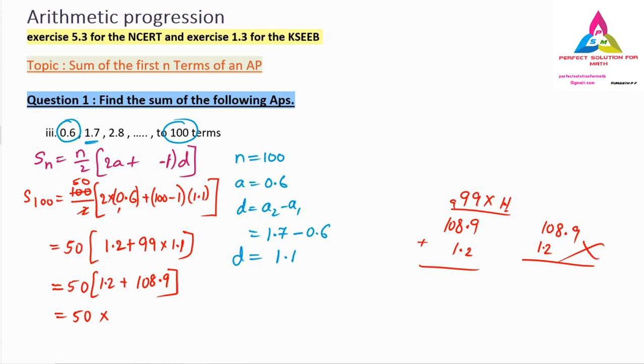So 9 plus 2 is 11, carry 1, 8 plus 1 is 9, and 9 plus 1 is 10, then the point, and 0 plus 1 is 1. So 110.1. Remember this calculation. Last, we have 50 into 110.1.